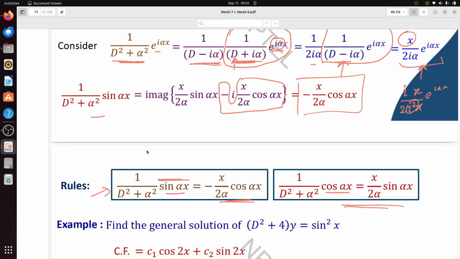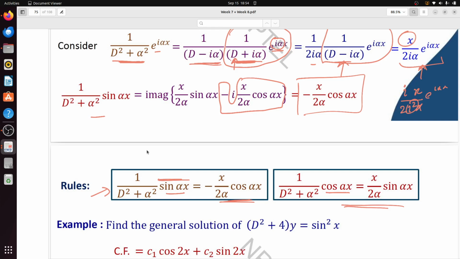So first of all, you need to find the complementary function. The corresponding homogeneous equation is (D² + 4)y = 0.